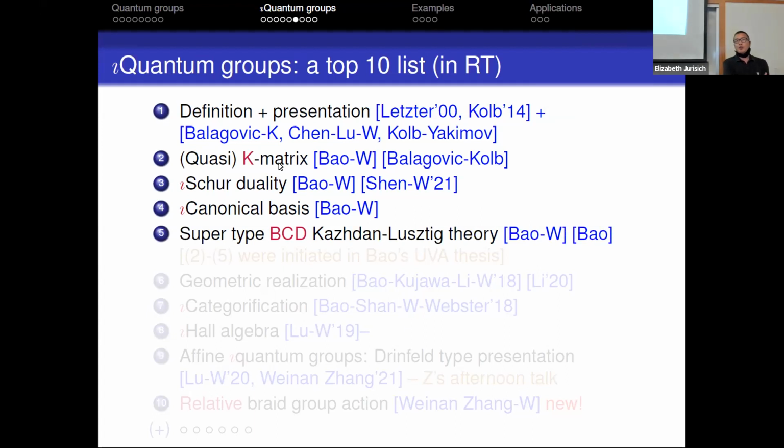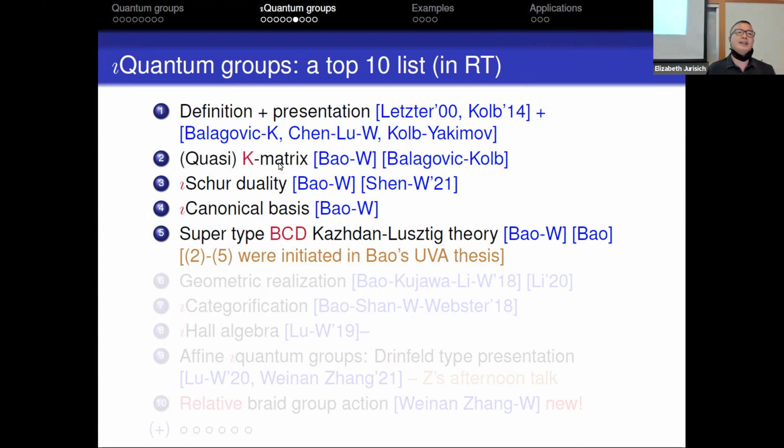The motivation for Bao and myself was that we wanted to develop a super Kazhdan-Lusztig theory of orthosymplectic superalgebras. And for that reason, we developed these items 2, 3, 4, 5, which are related as usual, and they arise in Bao's PhD thesis.